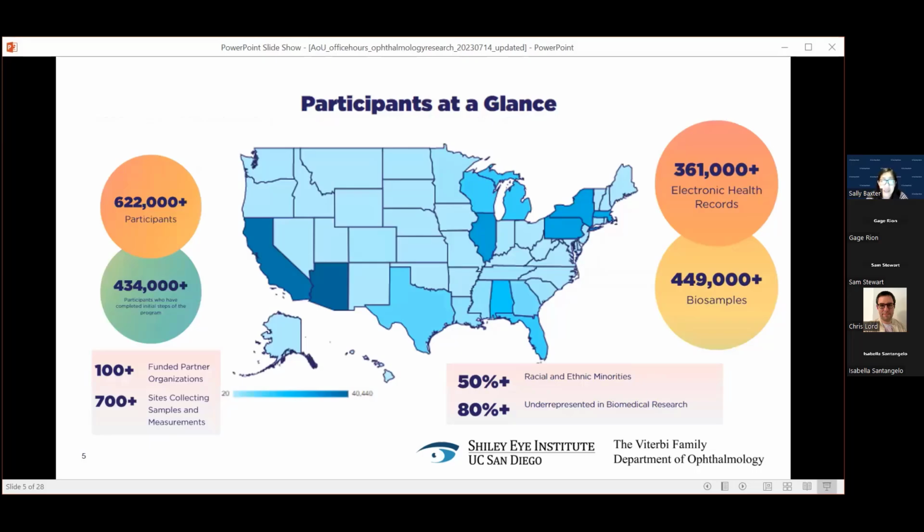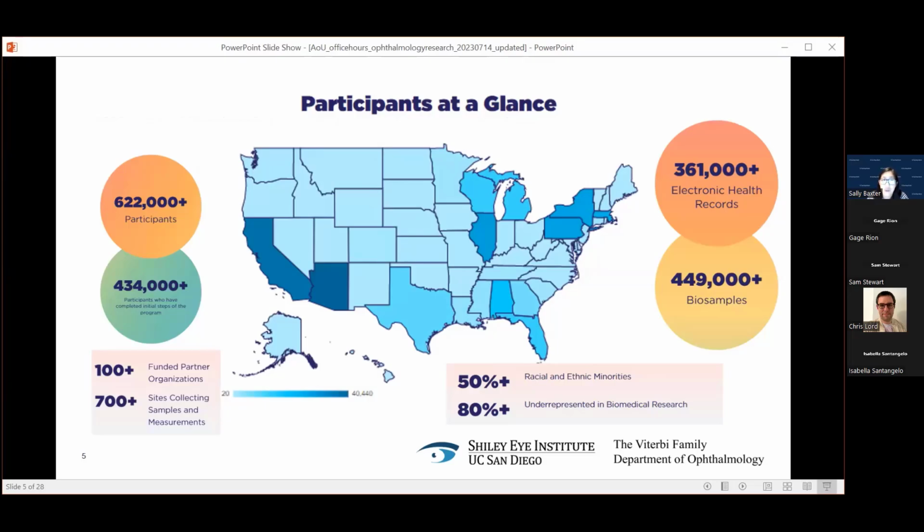And again, this is probably familiar to many of you, but there is enrollment in All of Us from across the country. I think it's been great to see it grow over time. As Gage mentioned, I was in the alpha demonstration phase, which was an early phase of users just validating the data and replicating previously conducted studies.